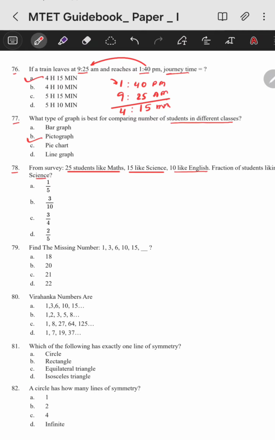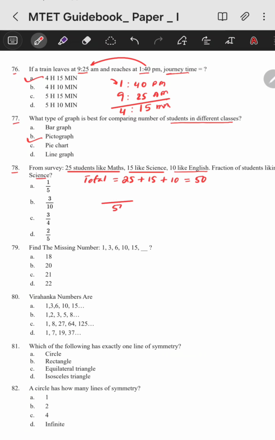To find out that fraction, first of all, how many total students are there? Total students is equal to 25 plus 15 plus 10, that is 25 and 15, that is 40, 40 and 10, that is 50.